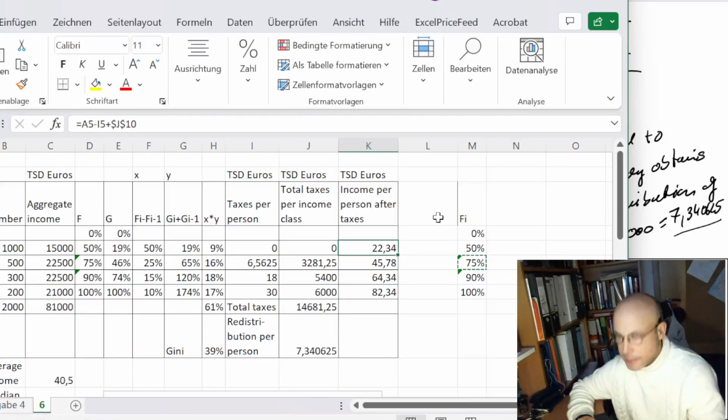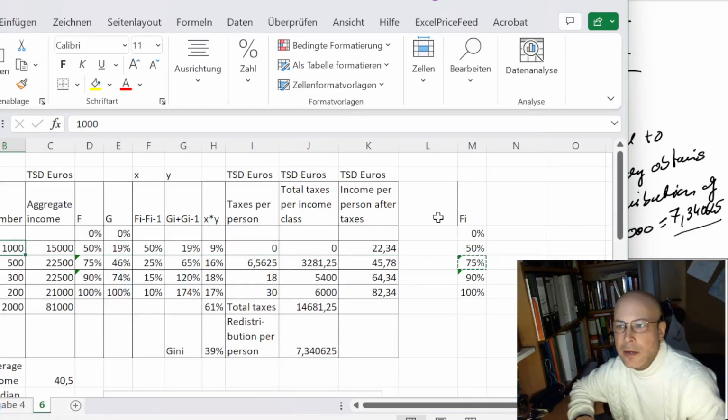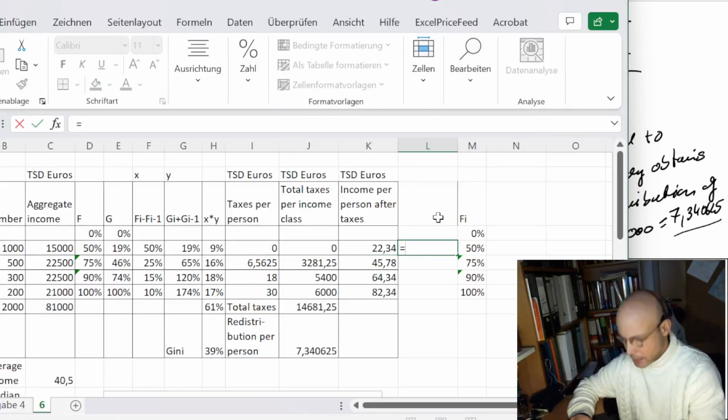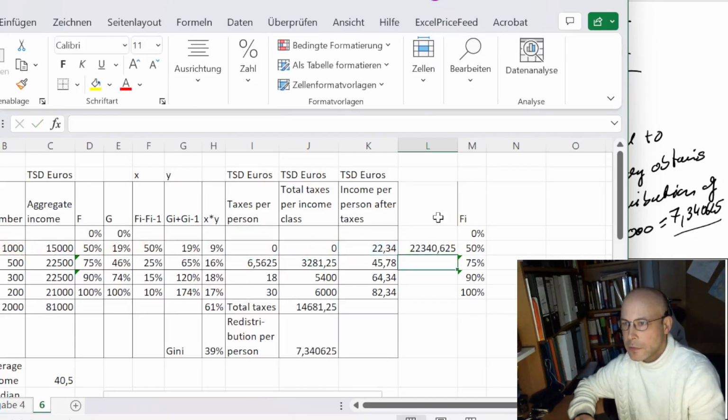Yes, definitely. So we take these 1000 here times 22,000, and then we obtain this times this. And this, of course, we have to do for every class, so going down.